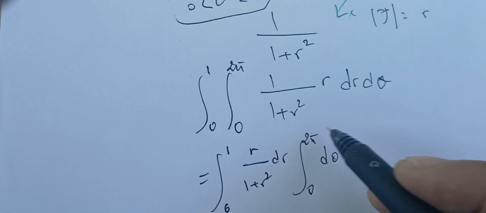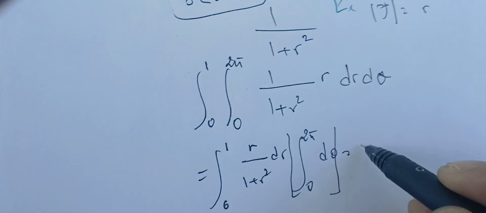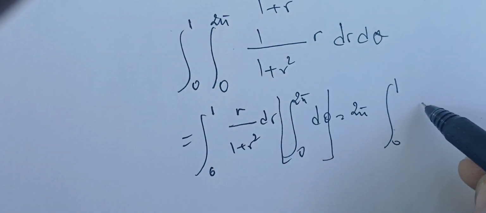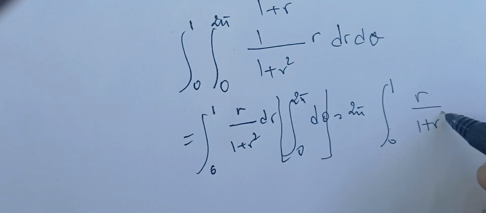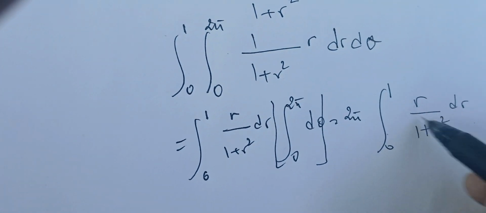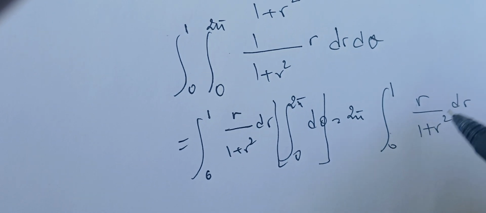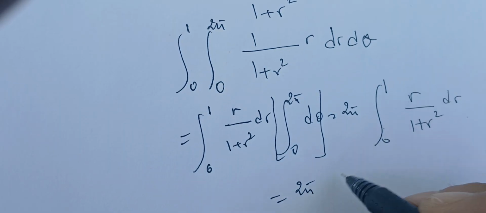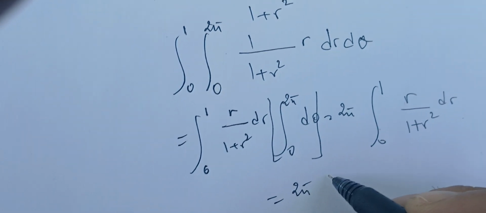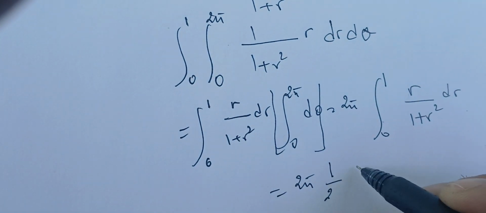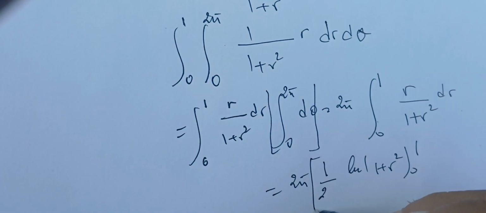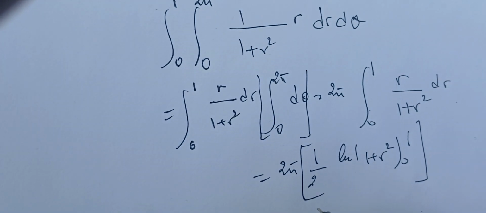I'll do this one first, it's easier. I have 2 pi times the integral between 0 and 1 of r over 1 plus r squared dr. And this one is the natural log. So this is 2 pi, and I need 1 over 2 here, times the natural log of 1 plus r squared between 0 and 1.